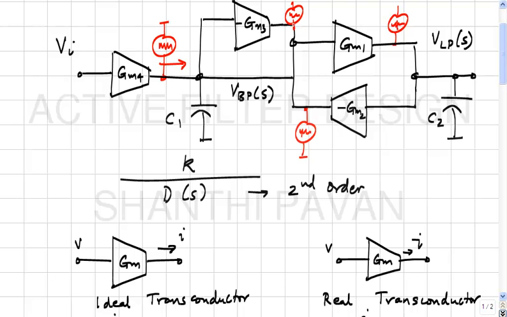Now, if all the transconductors are adding noise, then the output signal here will consist of what?